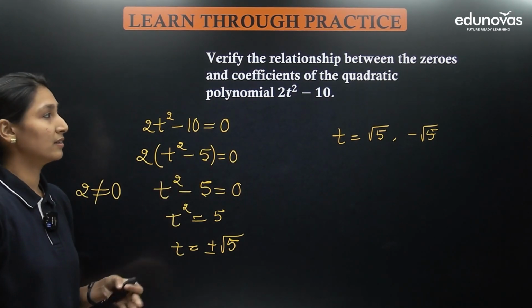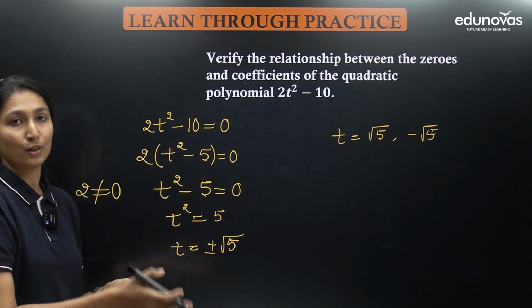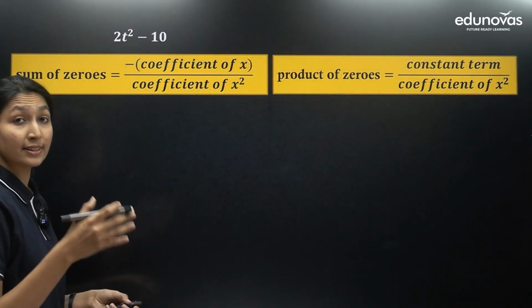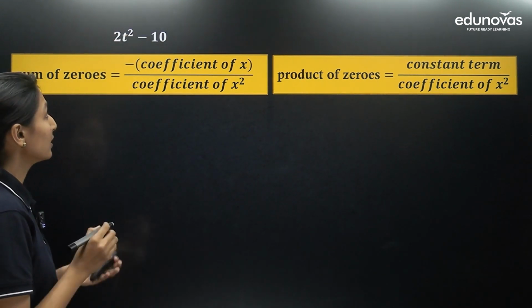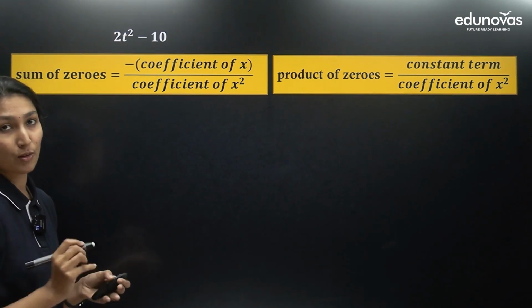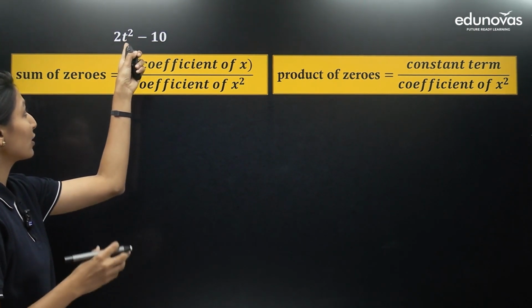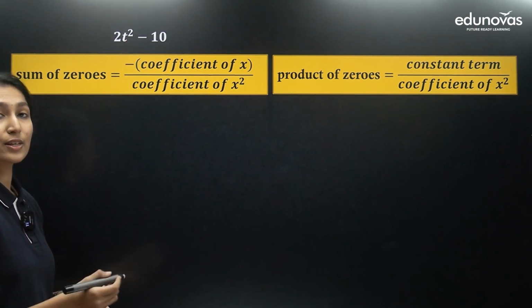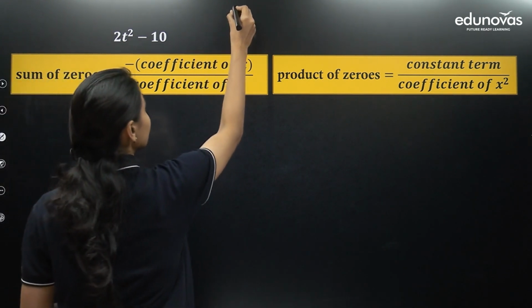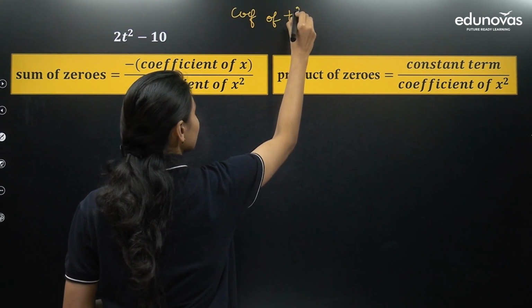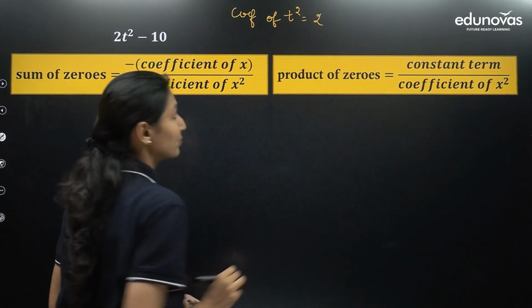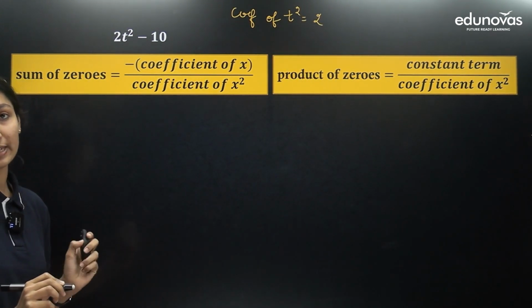Now let's verify the relationship between zeros and the coefficients. The given polynomial is 2t square minus 10. Since the given polynomial is in the variable t, what is the coefficient of t square? It is 2. What is the coefficient of t here?